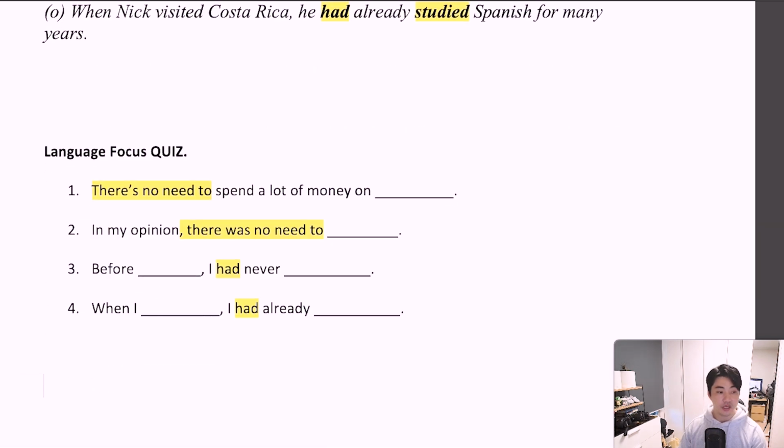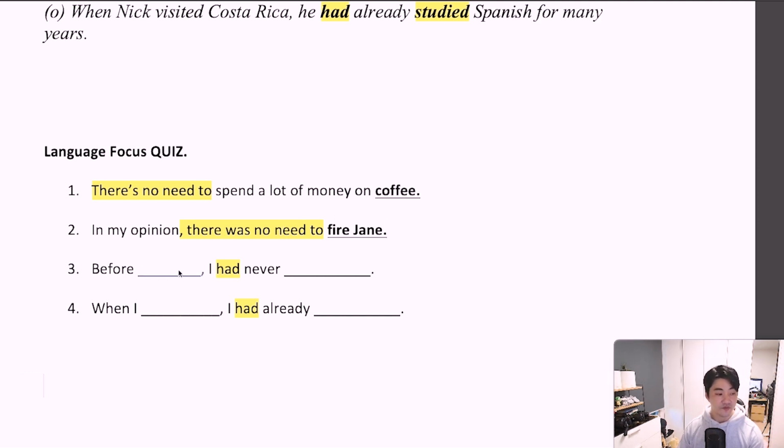So there's no need to spend lots of money on something I do, coffee. 커피에 많은 돈을 쓸 필요 없어요. But I do. I spend so much money on coffee. In my opinion, there was no need to fire Jane. 제 생각에는 제인을 해고할 필요가 없었어요.